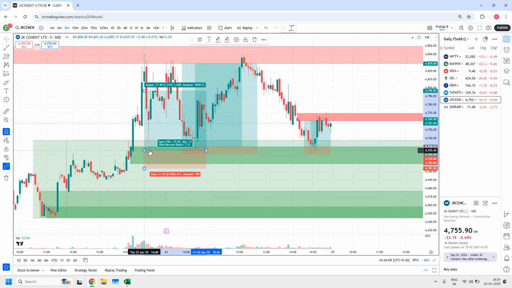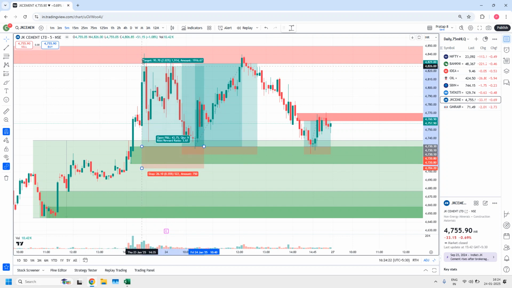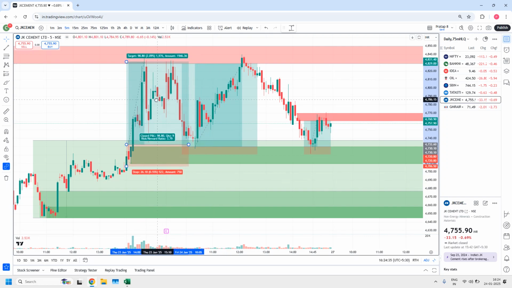This is my stop buffer below, this is my entry, and this is my target. I'm supposed to draw like this.